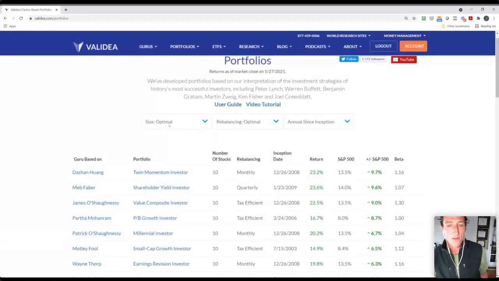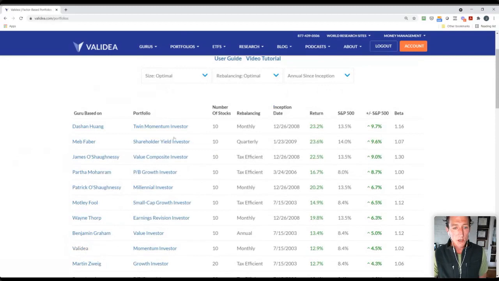Just one last thing before we look at the portfolios here. When you see the word optimal being used, which is what we default to, we're showing you on this page for each of the portfolios what size portfolio and what rebalancing period works best for that particular strategy.